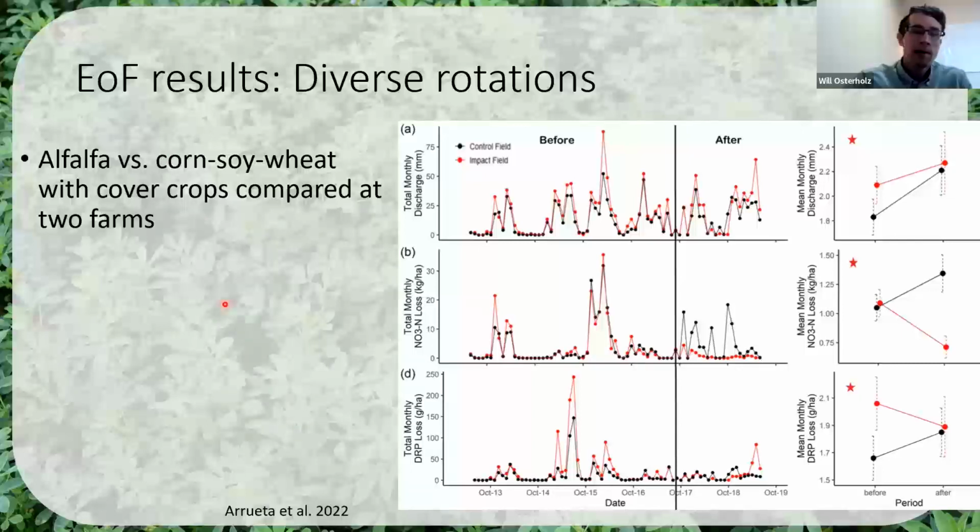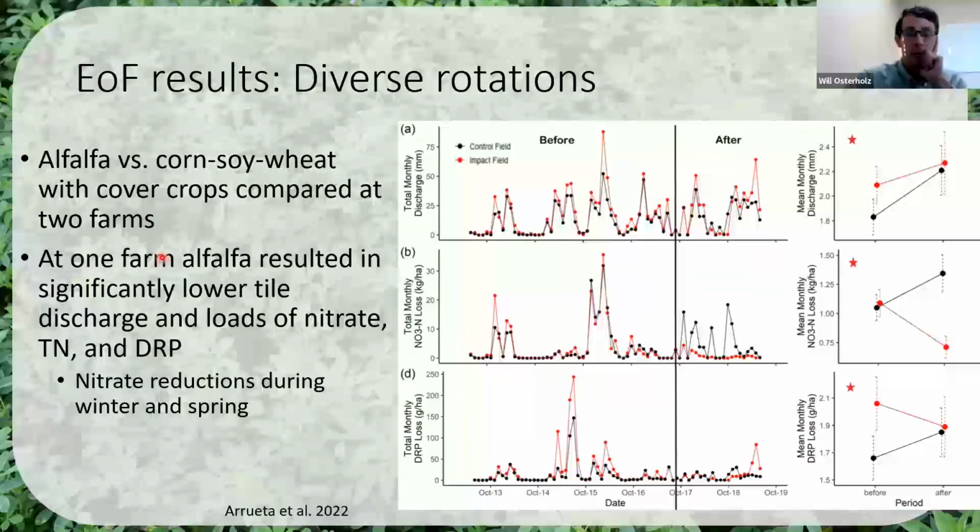So yeah, this section here is talking about our edge of field results and some of the studies we've done looking at these specific soil health management practices. So for our diverse rotations, we don't actually have a lot of research specifically focused on looking at different crop rotations.